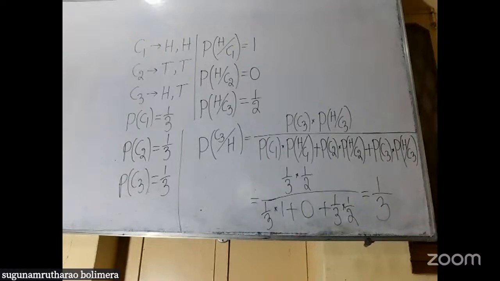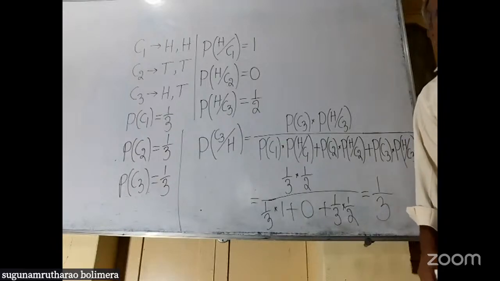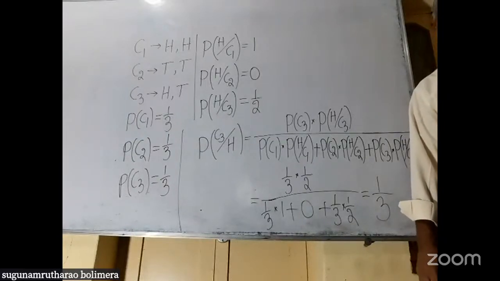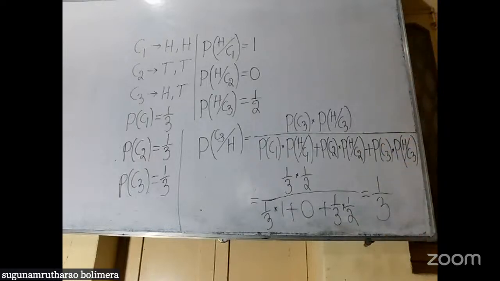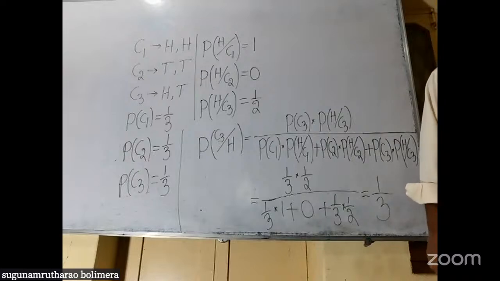I think in the previous problem you got 2 by 3, which you should write in terms of decimals, 0.667. In the previous problem, the answer you have to write in terms of decimals, 0.667. Now it is 1 by 3. Are options given? No options.